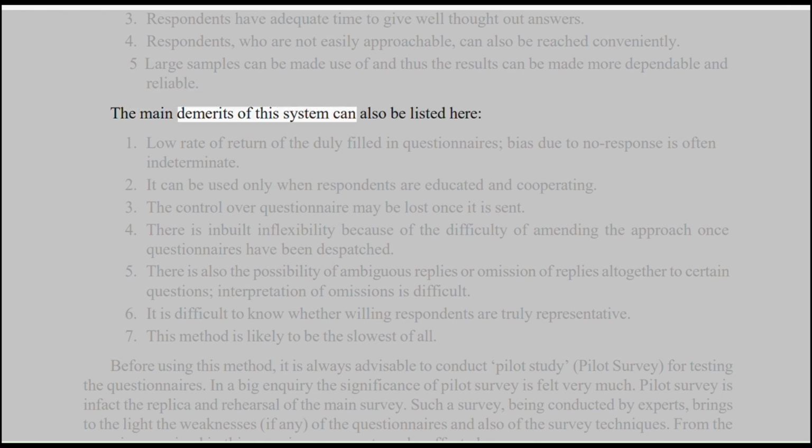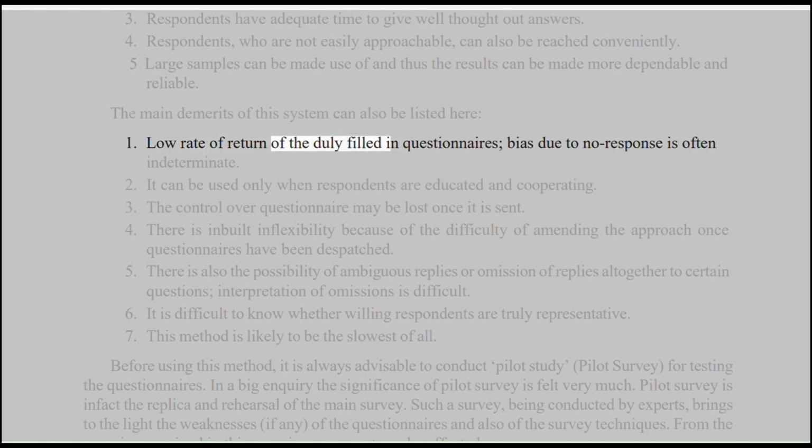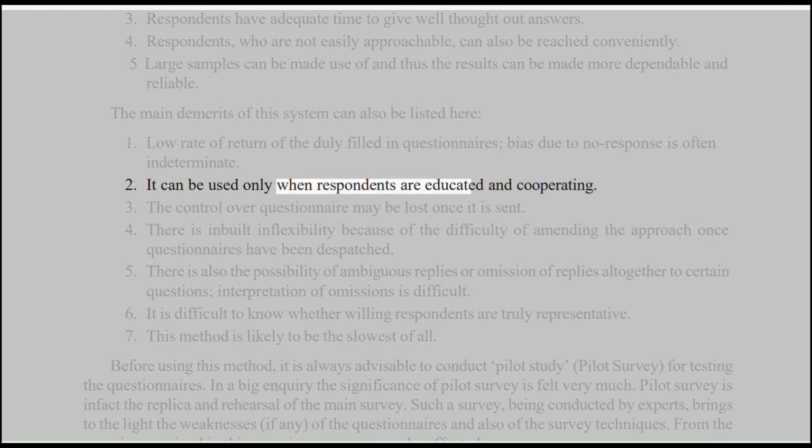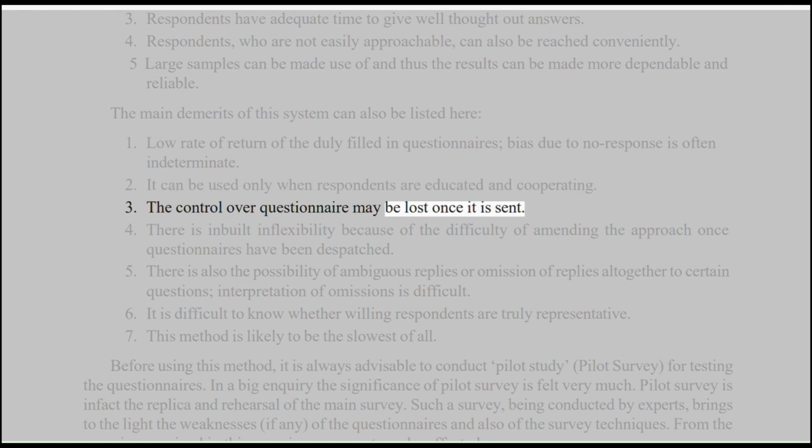The main demerits of this system can also be listed here. 1. Low rate of return of the duly filled in questionnaires. Bias due to no response is often indeterminate. 2. It can be used only when respondents are educated and cooperating. 3. The control over questionnaire may be lost once it is sent. 4.